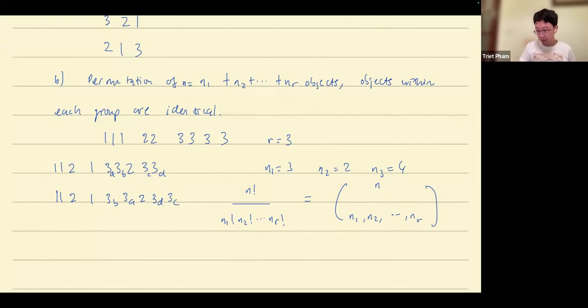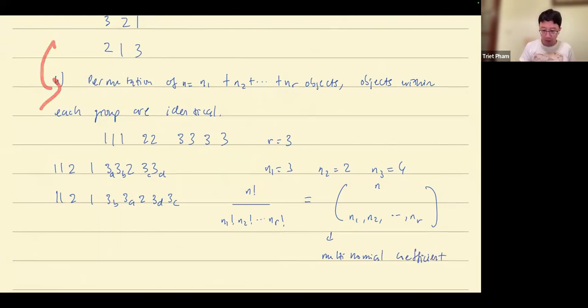So we should recognize both, and eventually we're just going to adopt this notation, the multinomial coefficient. But right now, we're going to just use it under the banner of permutation of so many objects.